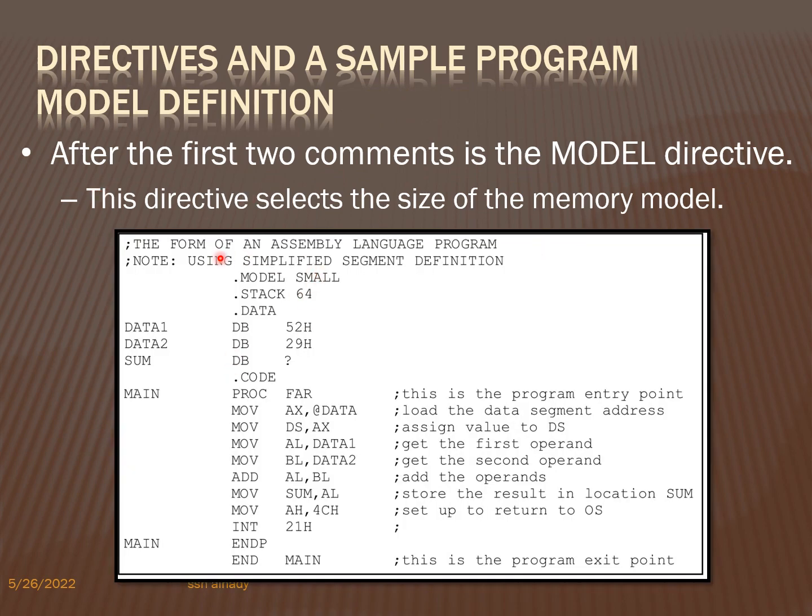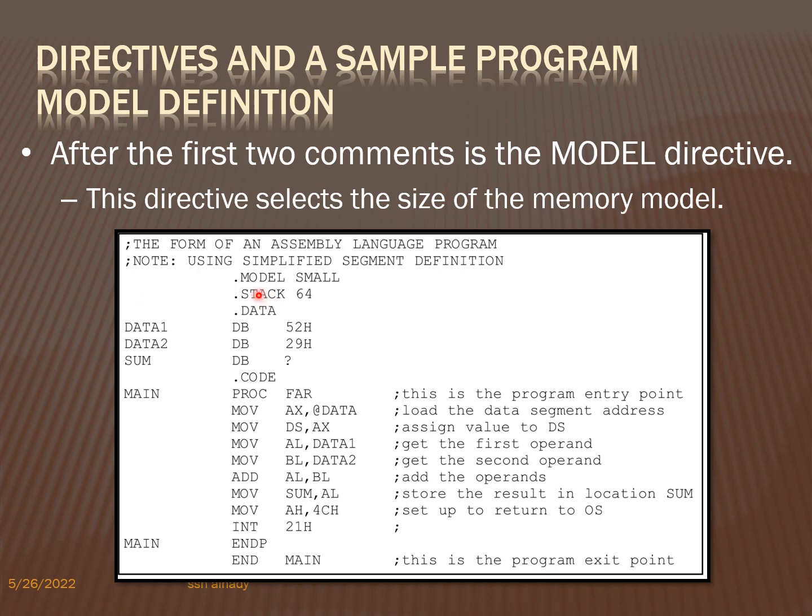Okay, if you look at the example here, this is the first line. The whole line is a comment. After the semicolon, and the second also after the semicolon, the whole line is a comment. This directive selects the size of the memory model.